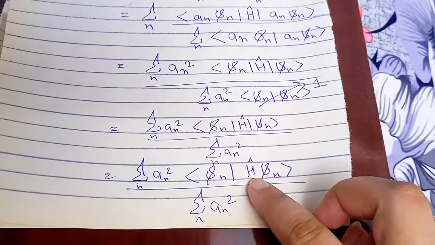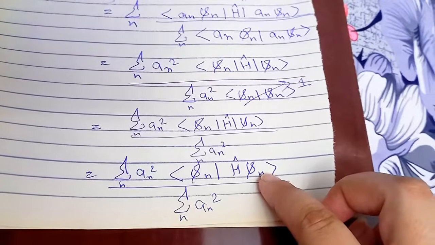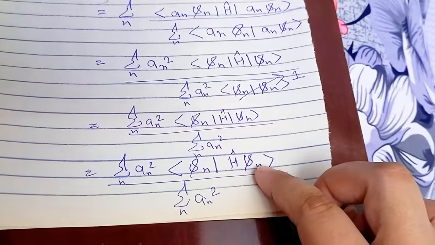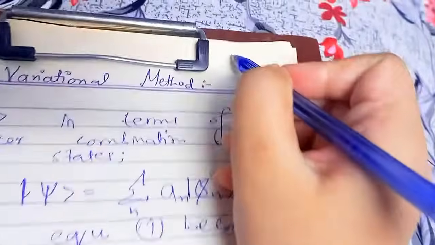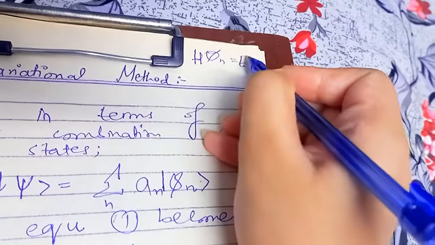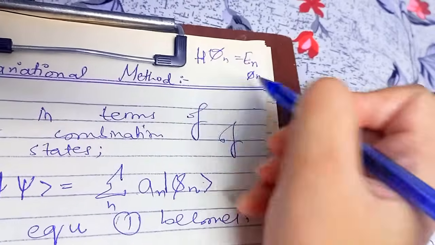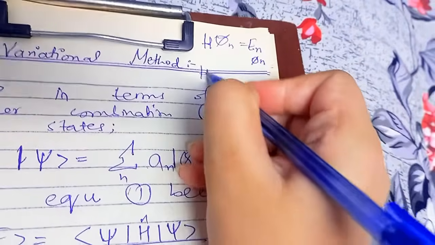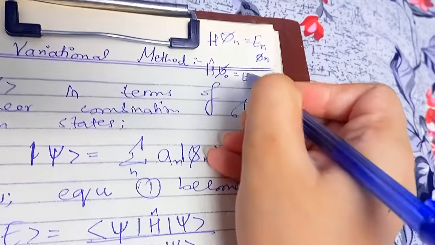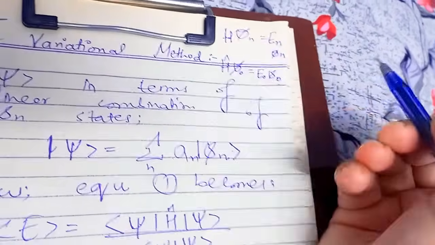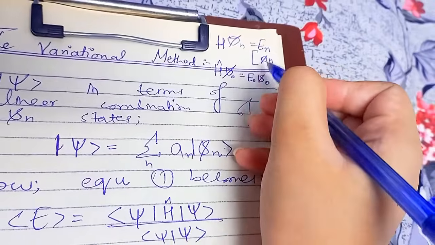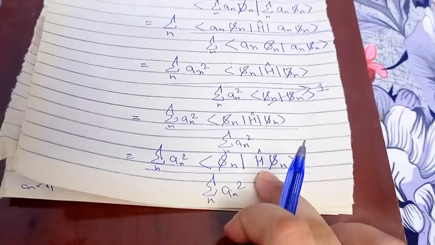Applying a Hamiltonian operator on a psi function of nth state will give you an energy of nth state times the psi function, which means if Hamiltonian is applied on psi n, then it gives you En times psi n. This is the simple eigenvalue equation. If h is applied on the ground state, for example, the energy it will give you will be the ground state energy times the wave function again. So this is what we will write in place of h psi n: En into psi n. We'll write here En into psi n.